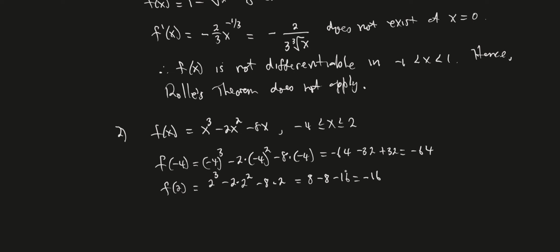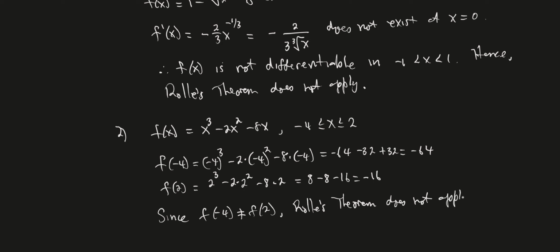So since f of -4 is not equal to f of 2, Rolle's theorem does not apply, right?